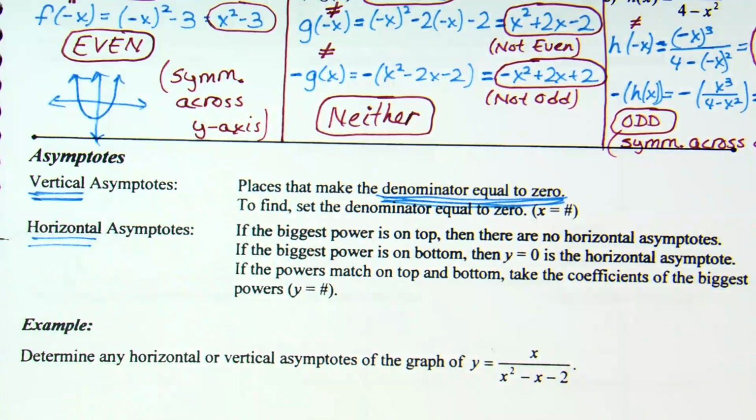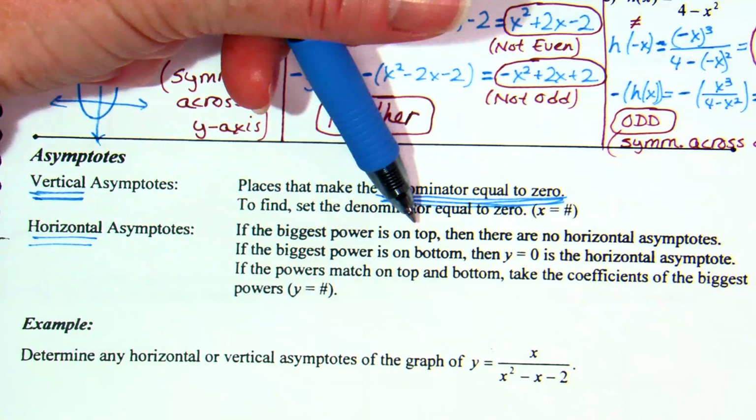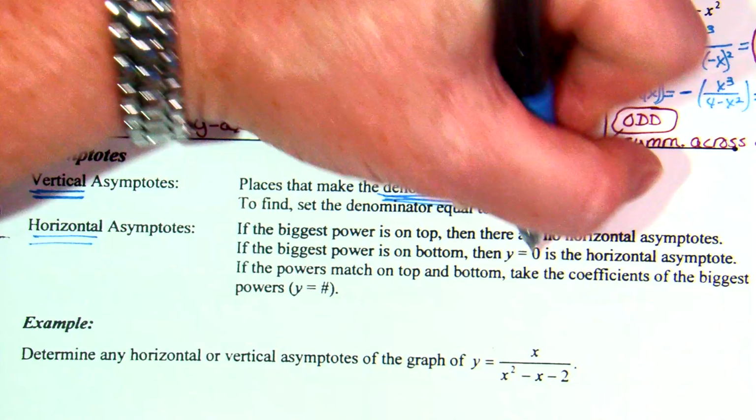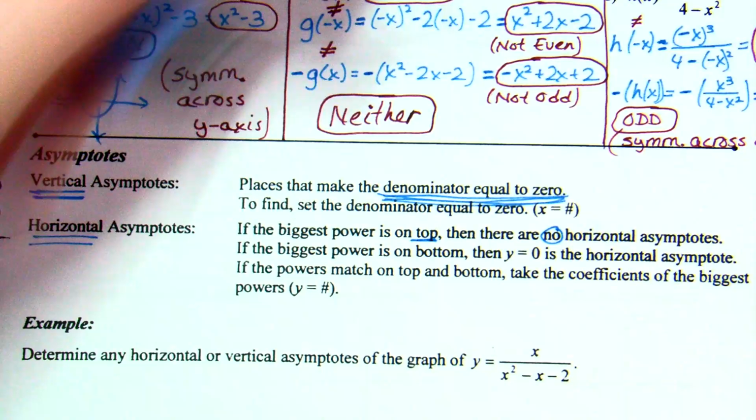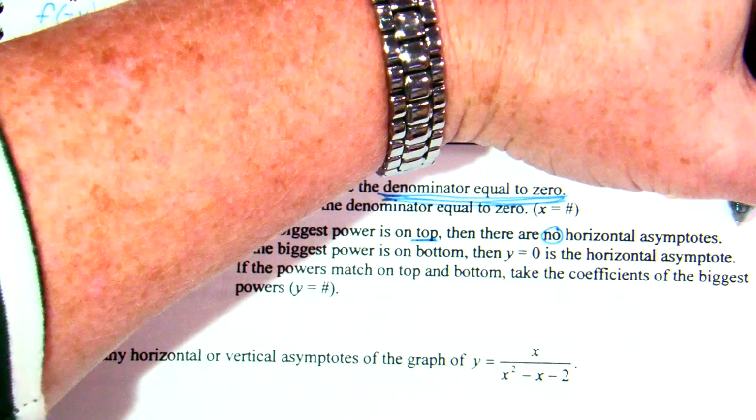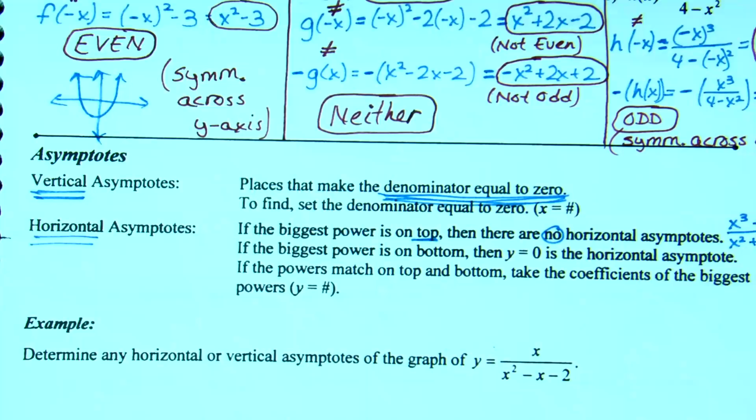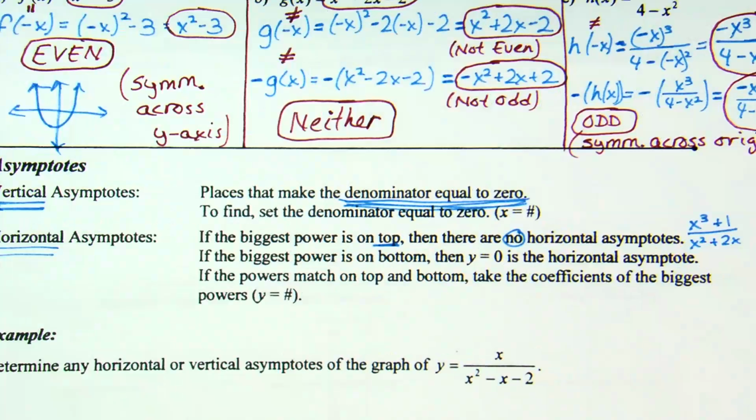So horizontal asymptotes is all about powers. If the biggest power is on top, then there are no horizontal asymptotes. So biggest power on top means if I have x cubed plus 1 over x squared plus 2x. What do we mean biggest power is on top? X to the third is bigger than x squared, right?